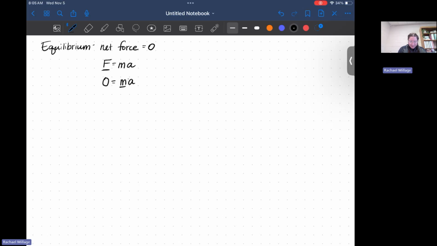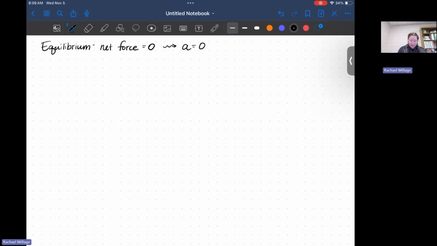We know that our mass is a non-zero number. So in order for this statement to be true, our acceleration also has to be 0. So an object in equilibrium has a net force of 0, which also means that acceleration is equal to 0.